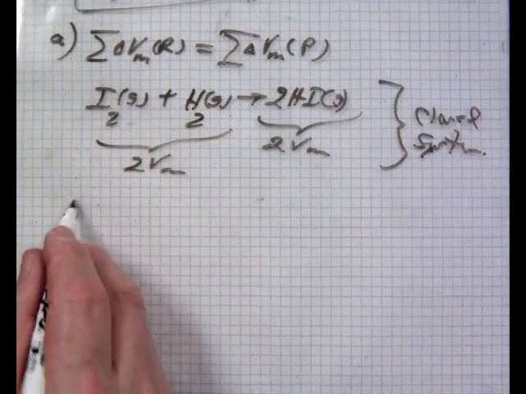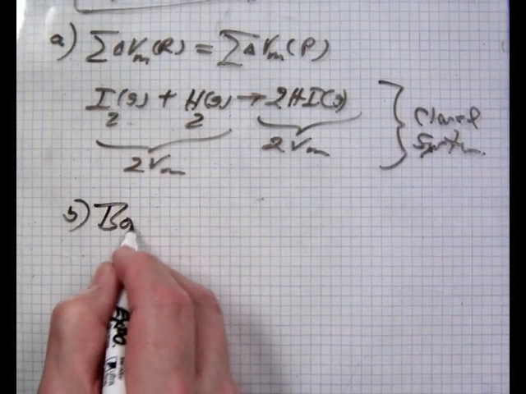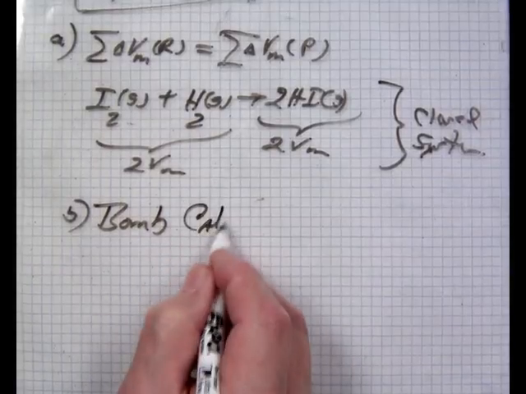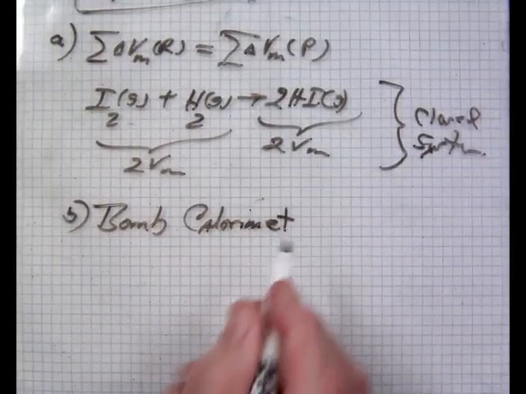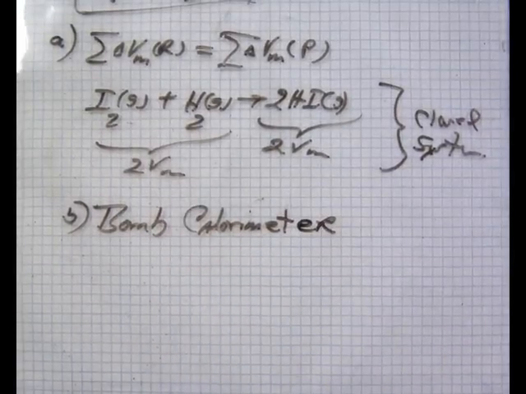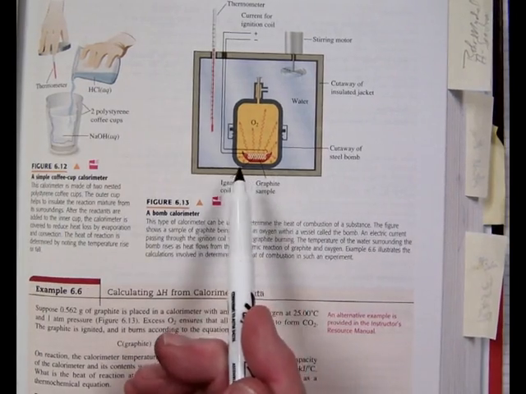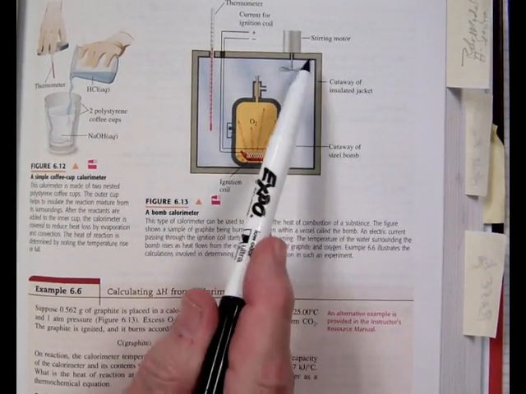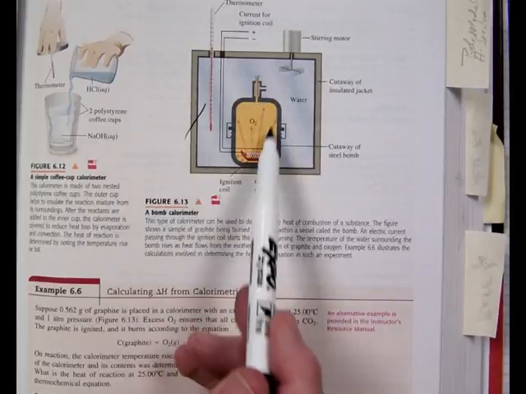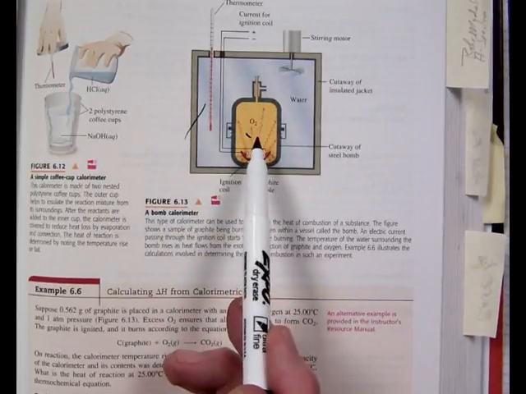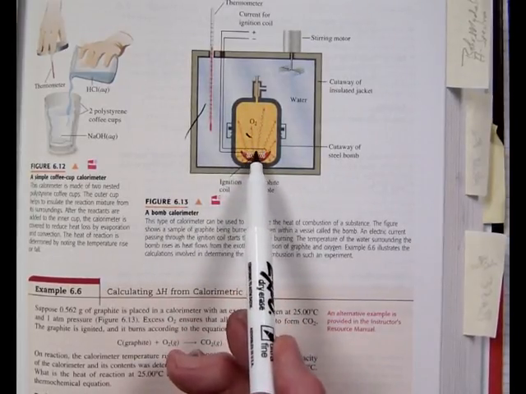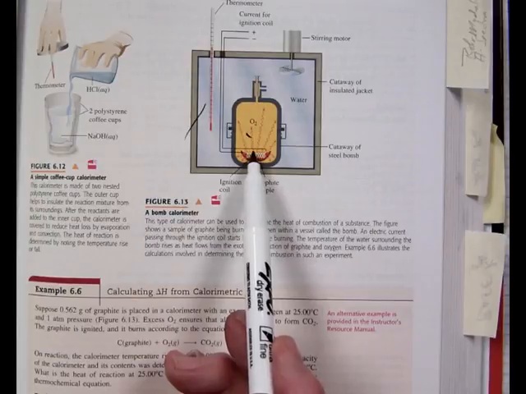Number 2, or B, is called a bomb calorimeter. This is a steel-jacketed piece of equipment, with water all around this steel-jacketed reaction chamber. You put a substance down here on a stage, run electricity through it, and it ignites.